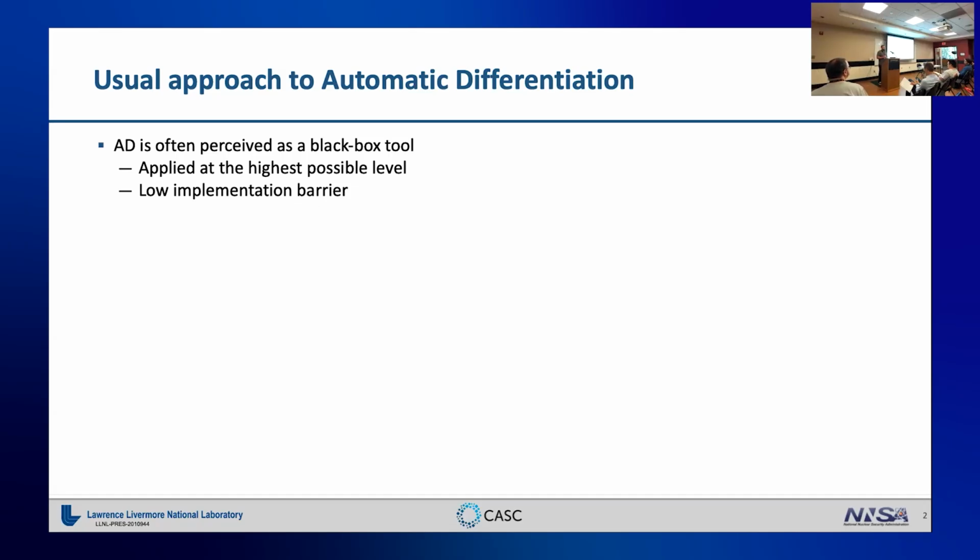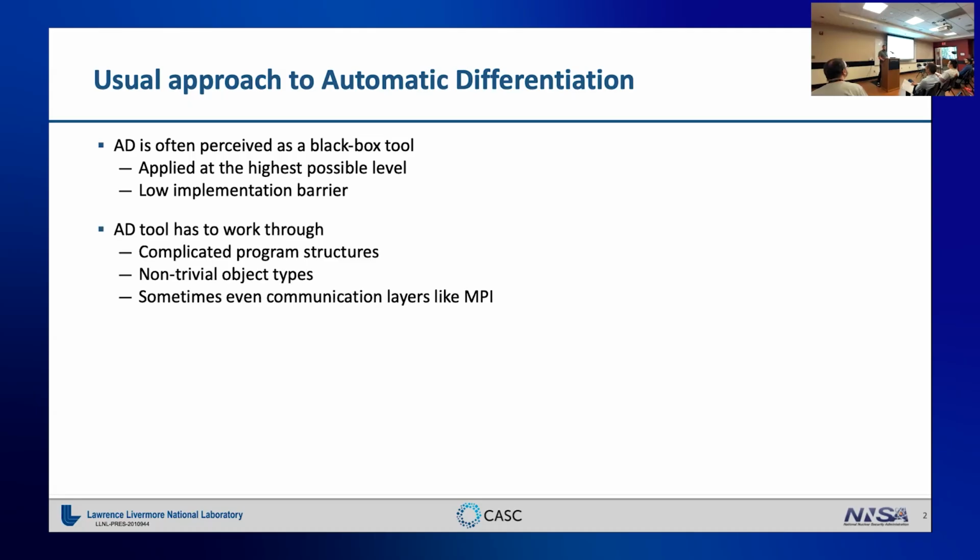That leads to a low implementation barrier, which is good initially, but as soon as you reach problems that are actually interesting, you will lose the impression that the low implementation barrier is a good thing.